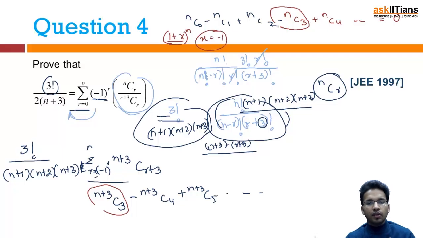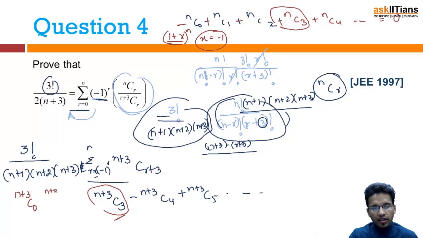So whether we are doing this minus plus minus plus, it is something like this. The only thing I need here is, starting with n plus 3 C0, n plus 3 C1, n plus 3 C2. Now if I take this alternately, this was plus, so this will be minus plus minus.